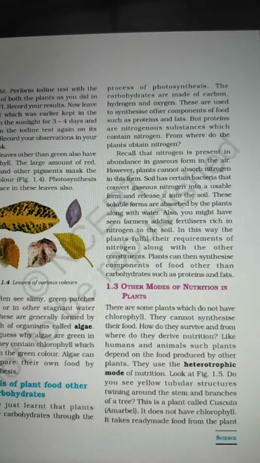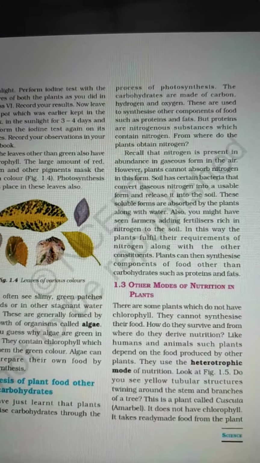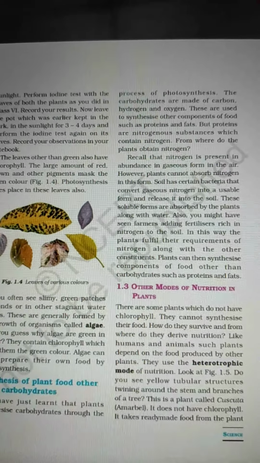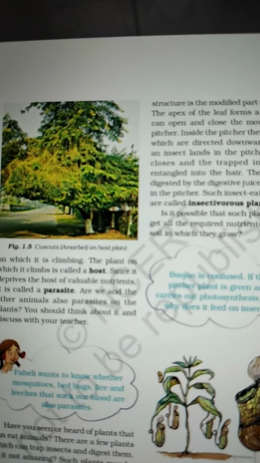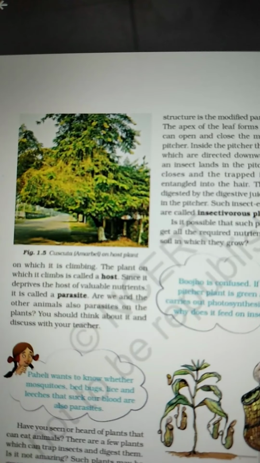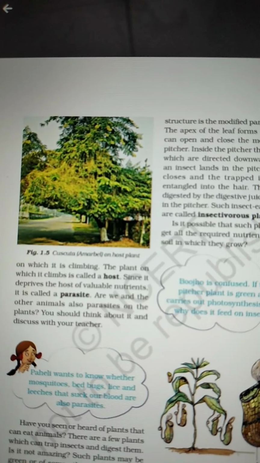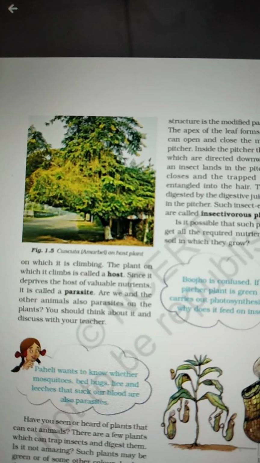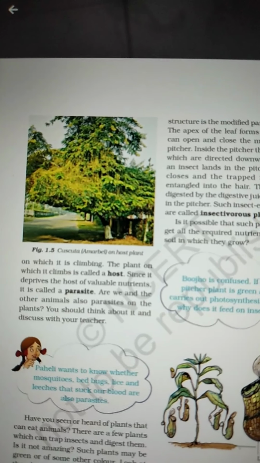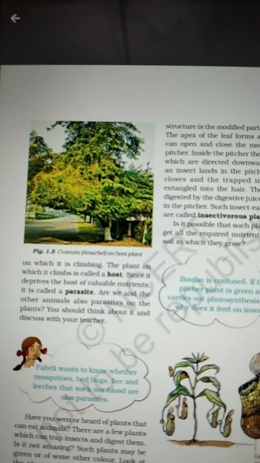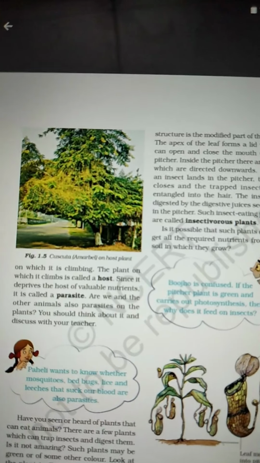Look at figure 1.5. Do you see a yellow tubular structure twining around the stem and branches of a tree? In figure 1.5, some bigger trees have a small climber plant, if you have seen anywhere, that climbs upon the big grown trees.